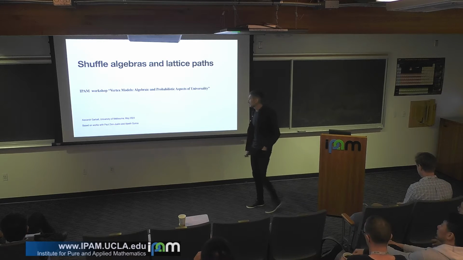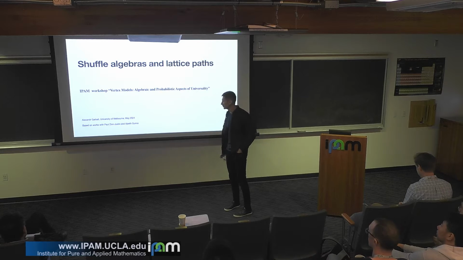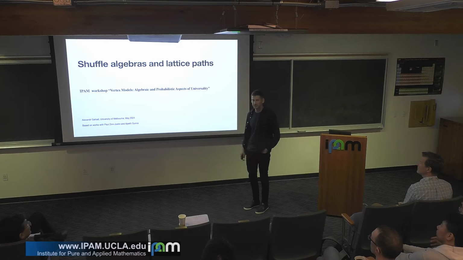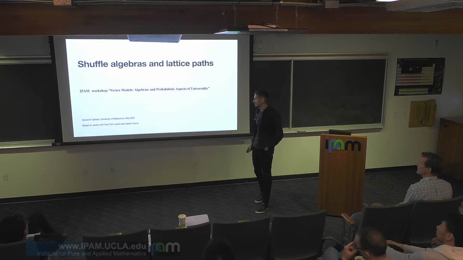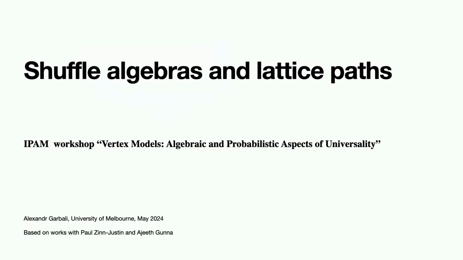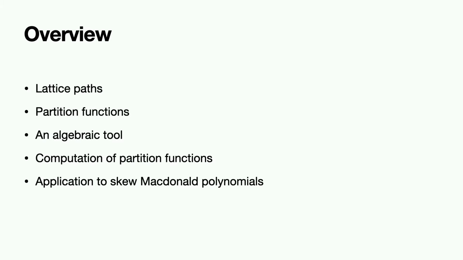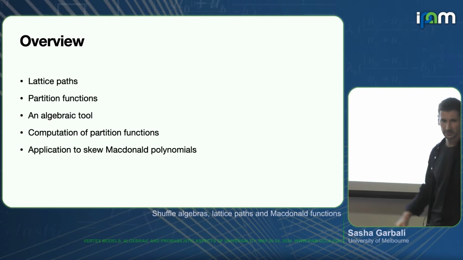I will talk about my recent work with Ajit Guna, which was posted on arXiv in December last year. I will start with the general introduction on lattice paths that you've seen before, and then I will define a partition function that I would like to compute.